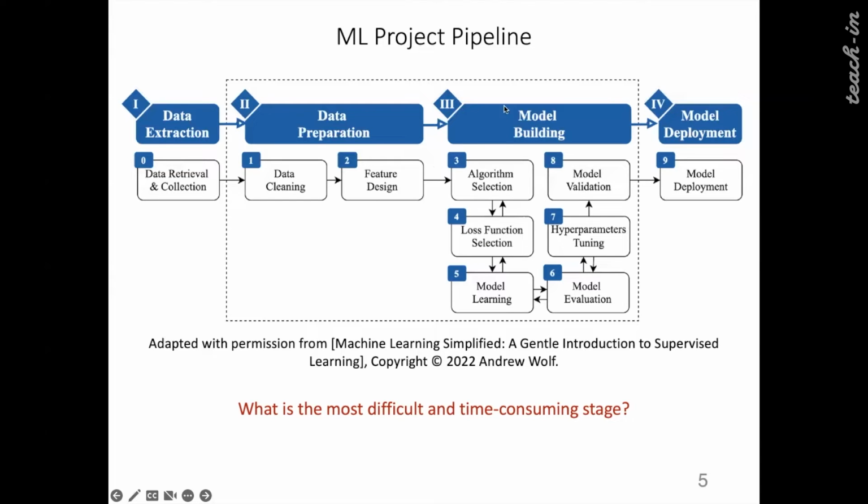So this third stage is model building, in which we, of course, need to select algorithm, loss function, perform machine learning, evaluate model, and this stage may include a closed loop, so we can select one model or another, one algorithm or another.